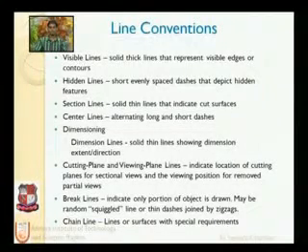Cutting plane or viewing plane lines indicate the location of the cutting plane for section views and the viewing of the removed portion in partial views. Breaking line indicates that only a portion of an object is drawn.